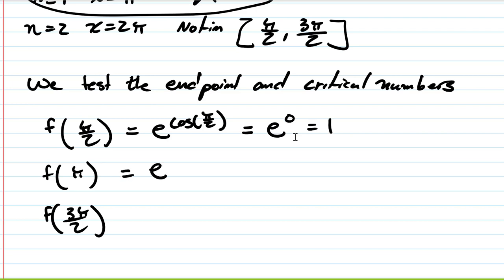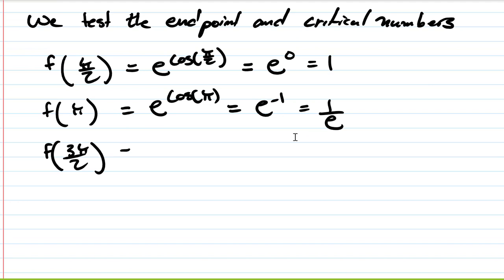And then we have e to the cosine of pi, and the cosine of pi is -1. So that's e to the -1, or 1 over e. And finally, the cosine of 3 pi over 2 gives us 0 again, which gives us 1.